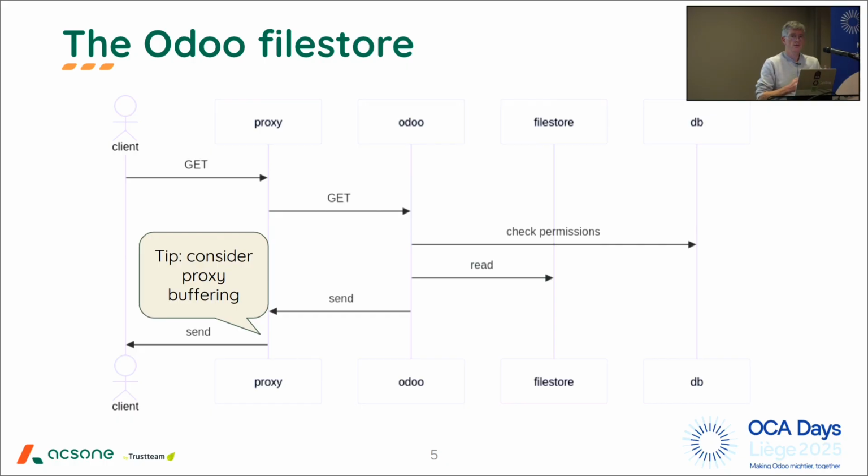And the proxy is highly optimized to serve a large amount of concurrent requests and files. That's what it does best. And so you free your precious Odoo workers to serve other business requests, instead of sitting idle, sending data to maybe a client that is on a slow network connection and taking time to swallow the reply.